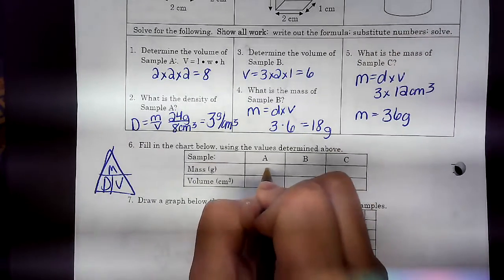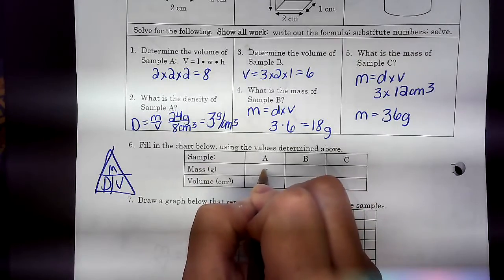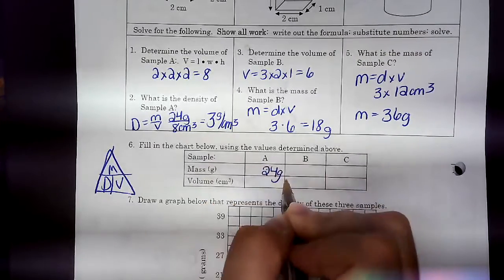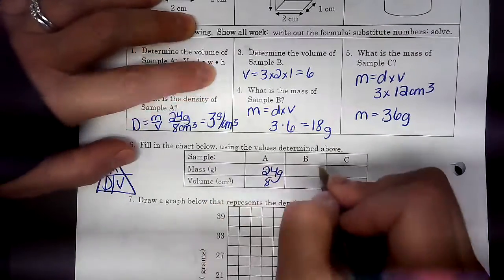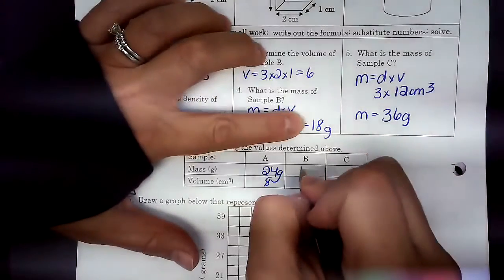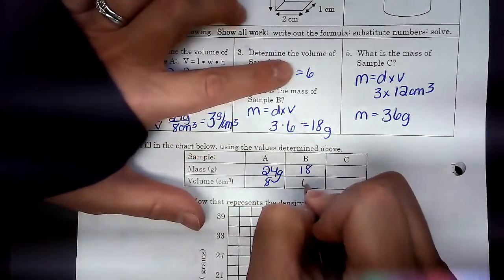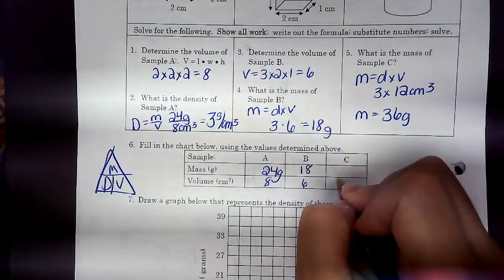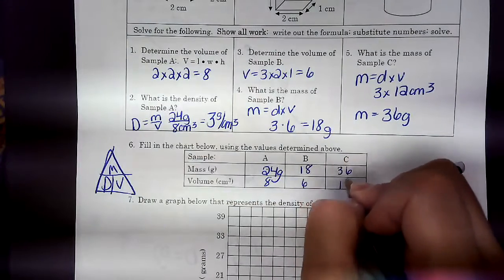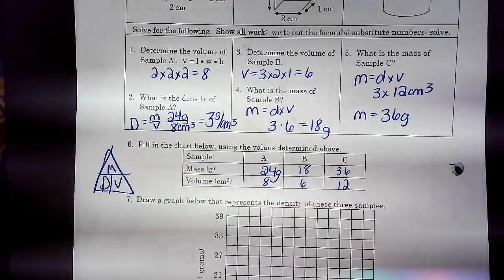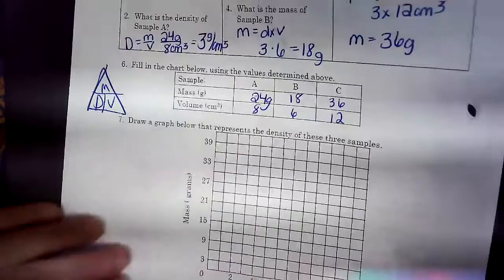Then you just had to plug that information down here. So we start with mass of 24 right from here. We found the volume of 8. Here we found the mass was 18. We knew the volume was 6. And we have a mass of 36 and a volume of 12. Plot those numbers.